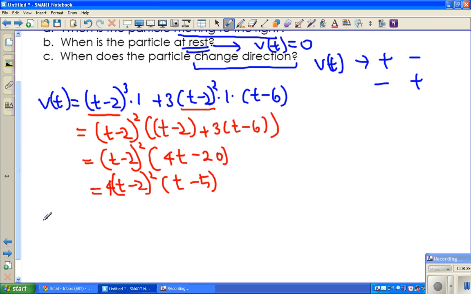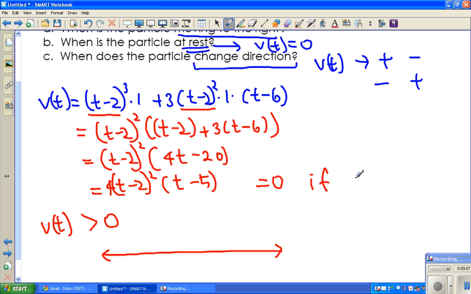when do we have v(t) greater than 0? Now you can sketch this one if you want to, but by looking at this, if you remember from pre-calculus, we can actually use the number line, and you will realize that this will be equal to 0 if t is either equal to 2 or 5.